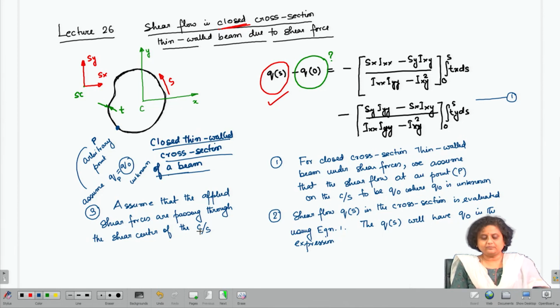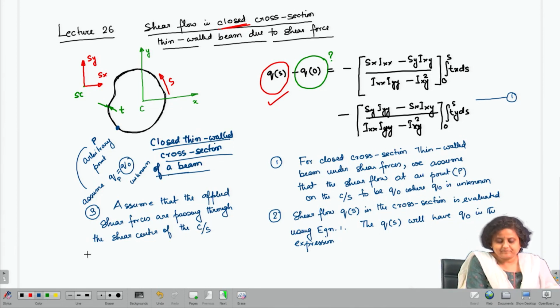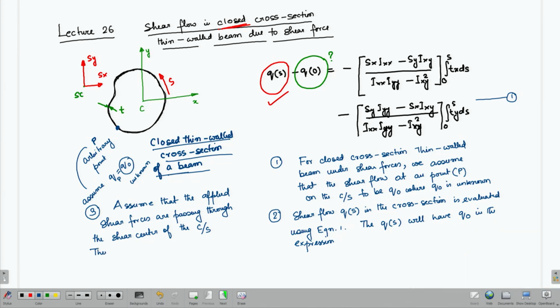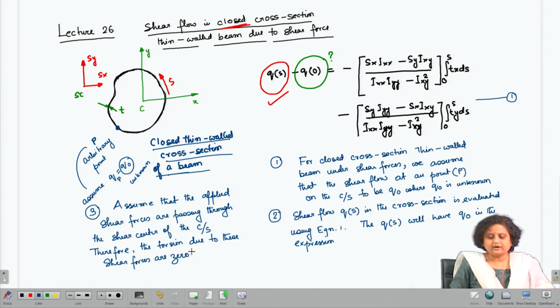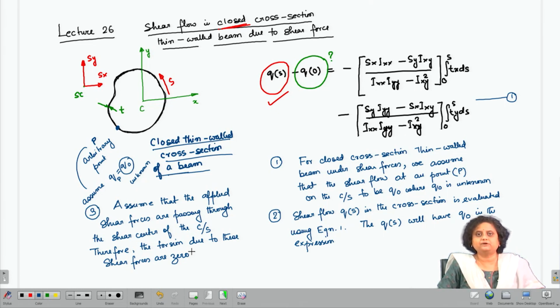Therefore, the torsion due to these shear forces is going to be 0, because we have assumed that the shear forces are passing through the shear center of the cross section.